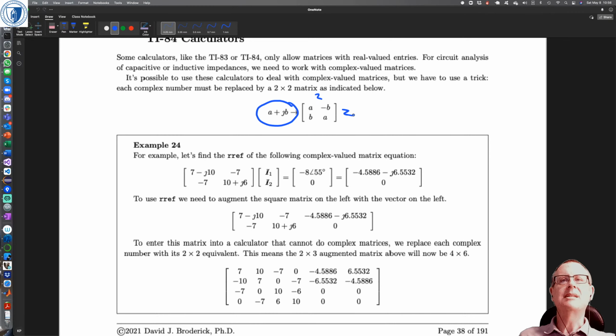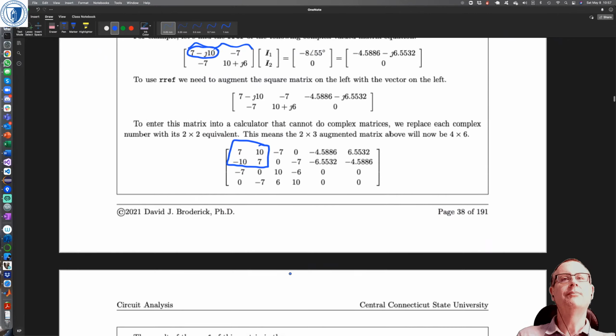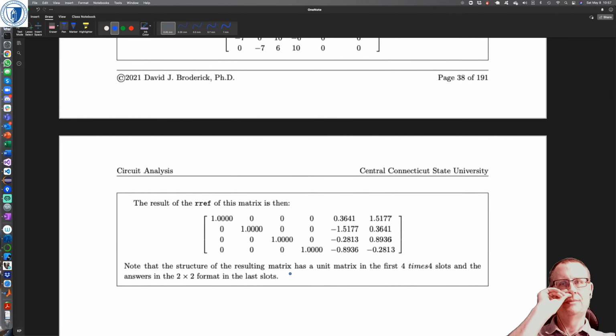Right, so in the example we have a complex matrix, and so we have to take our 7 minus 10j and turn it into a 2x2 matrix. So instead of having an augmented matrix that is 2x3, the thing that we feed into rref, now it has to be a 4x6 augmented matrix. Works exactly the same way.